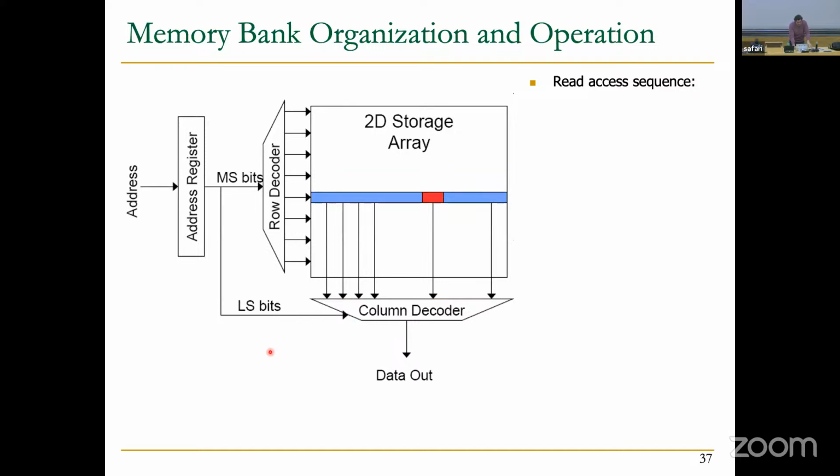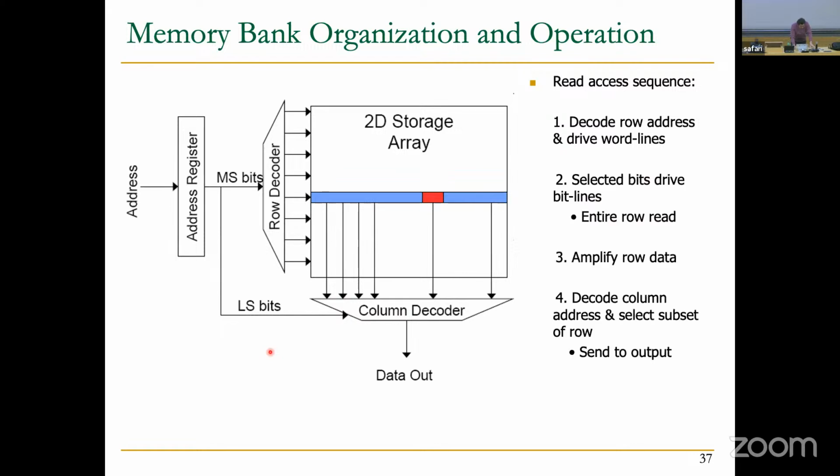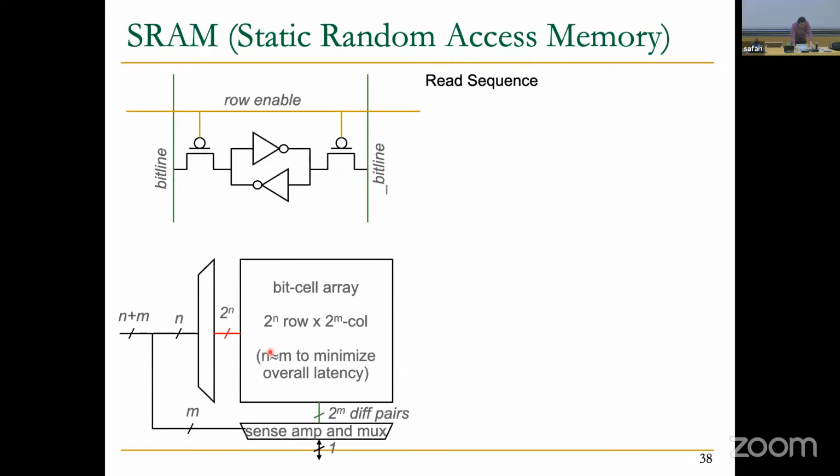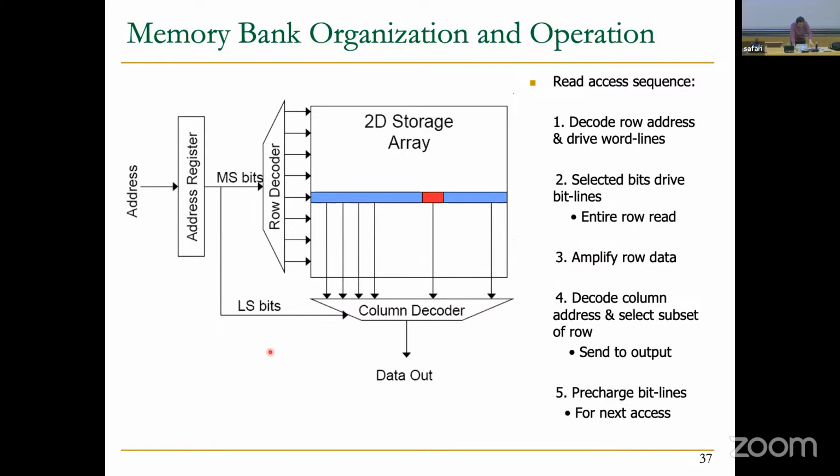What sort of memory bank organization do you have? It's similar to what we have seen. So I will just cover this very quickly. There's nothing new to see here. It's very similar to what we have seen in DRAM.